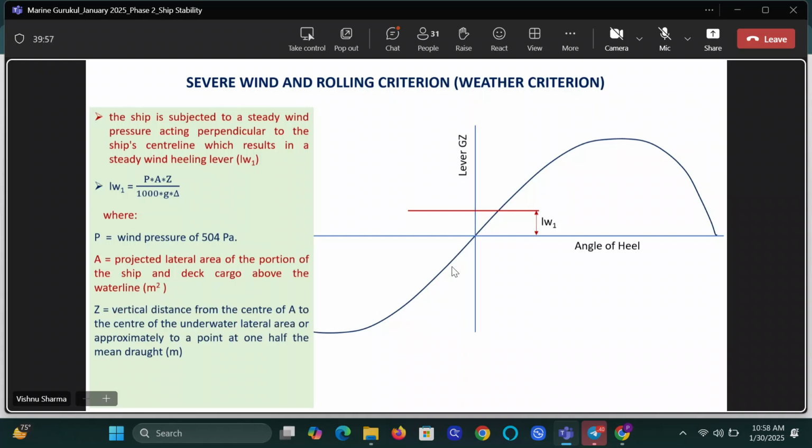And you'll calculate LW1. g and displacement, of course, are not an issue. Then you'll draw this LW1 on this diagram. You can see the red line coming up, which is at LW1 on the GZ scale. Now, any questions on this slide, guys, before I go to the next one?